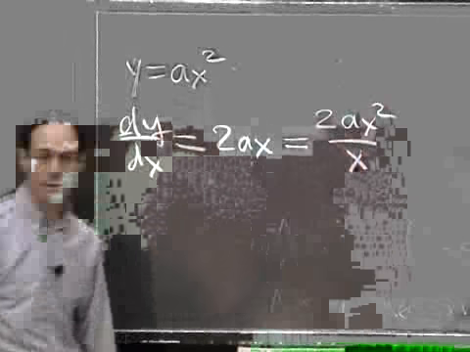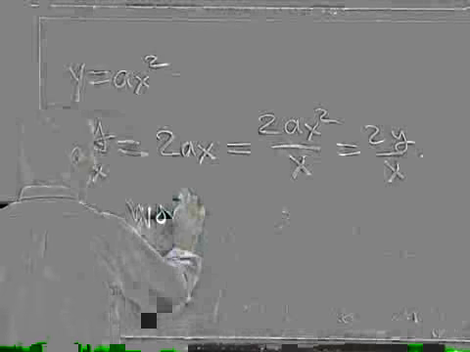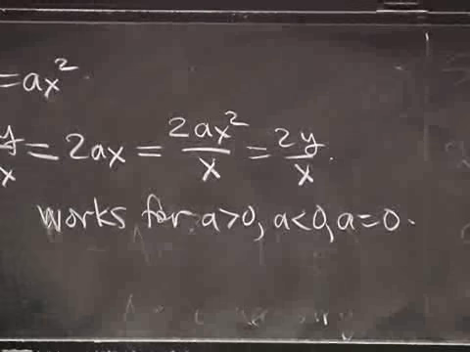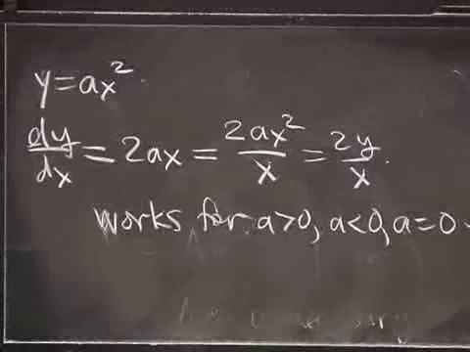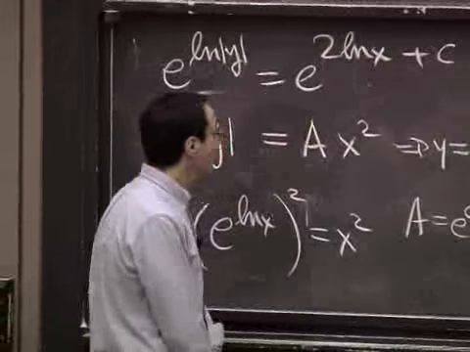I'm going to write it as 2ax squared divided by x. And sure enough, this is 2y divided by x. Now, it does not matter whether it works for a positive, a negative, a equals 0. It's okay. Again, we didn't pick up by this method the a equals 0 case, and that's not surprising because we divided by y.